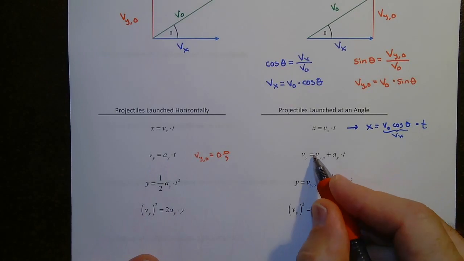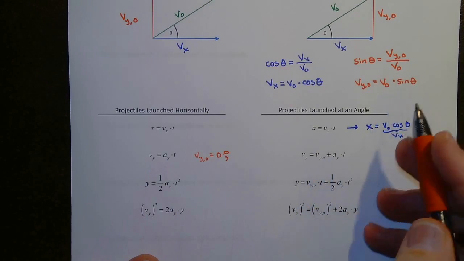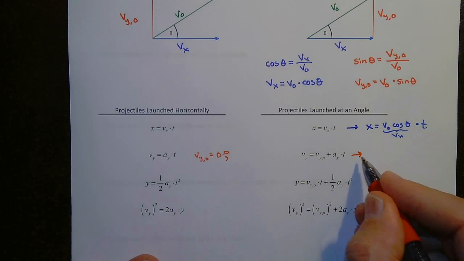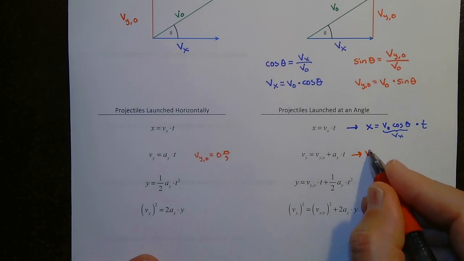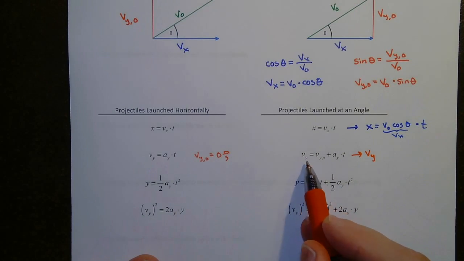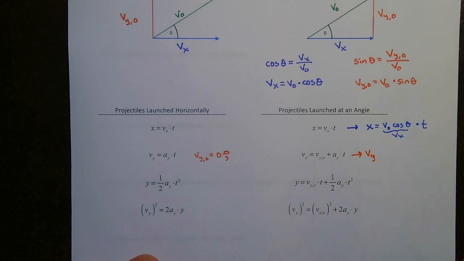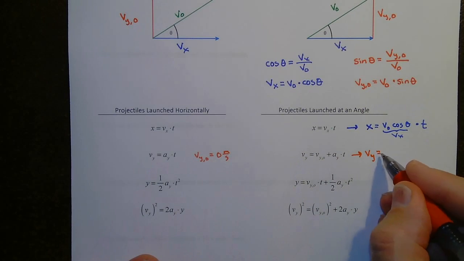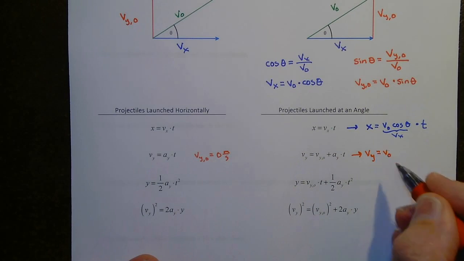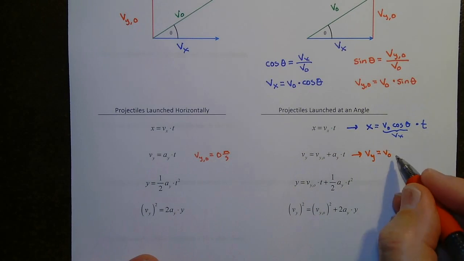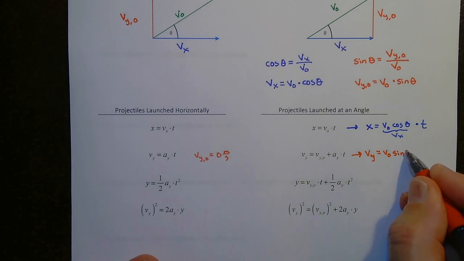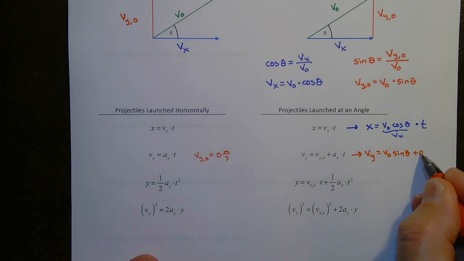So what happens is this becomes V sub O sine theta. So this one we can convert to V sub y. And I'm using V sub y because this is going to be the velocity at any time. It's equal to V sub O, the original velocity at that angle, sine of theta, plus the acceleration in the y direction times time.